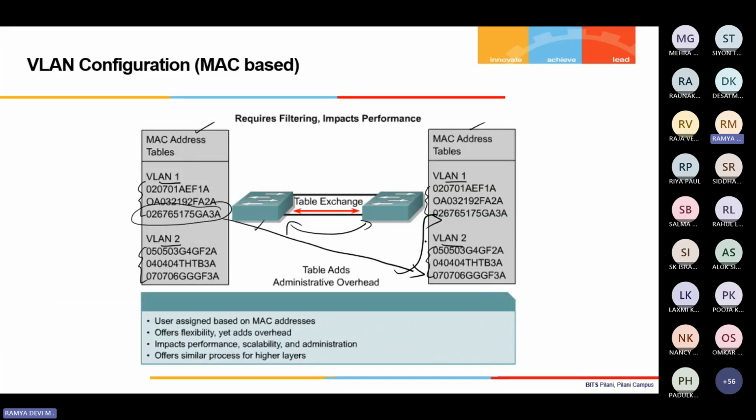Table maintenance will not be a problem because the table exchange will be done between the switches. Even if two systems on different VLANs want to communicate, we can introduce a router so that they can easily communicate with each other.